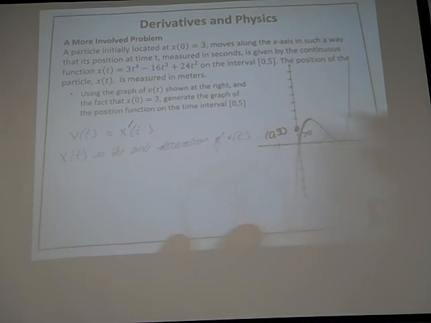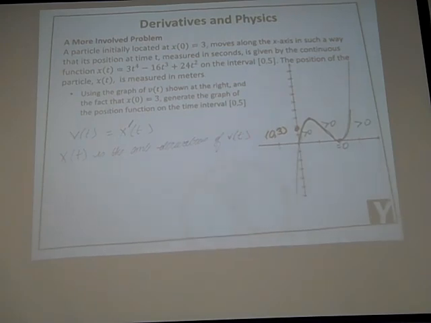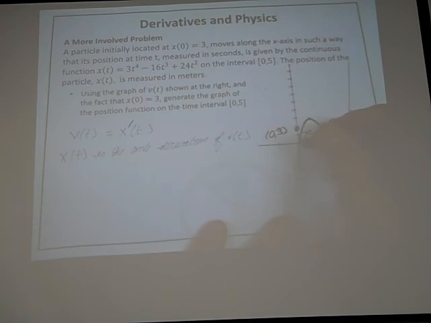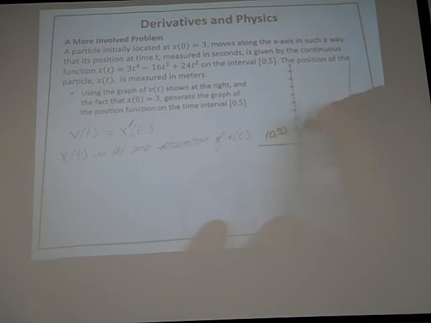Over here, I hit a relative max. My velocity is still positive. So I go from positive, relative max, to still positive. My velocity is equal to 0 here, and then I continue to have a positive velocity. So my graph is going to have to do this. Positive velocity means position is increasing.